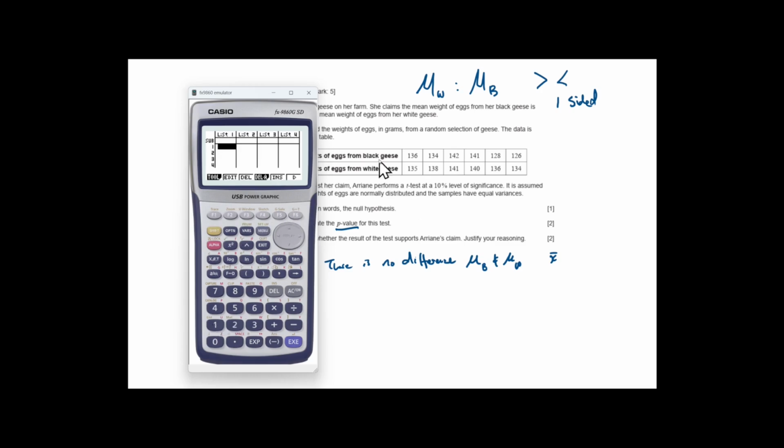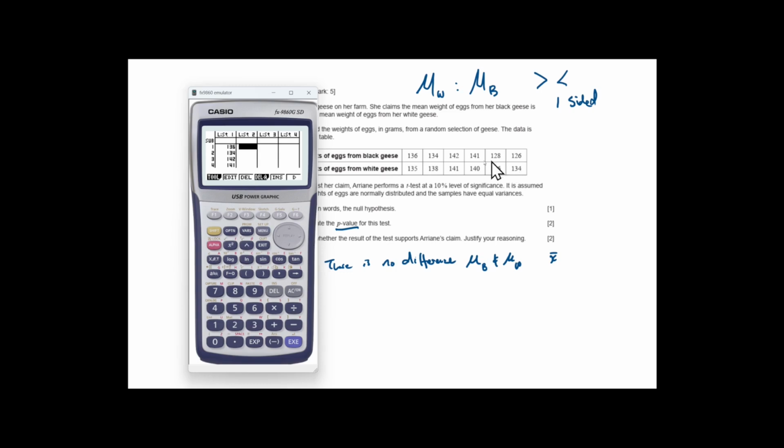Okay, so the first one here is the black geese: 136, 134, 142, 141, 128, and 126. So there's immediately going to be a problem.